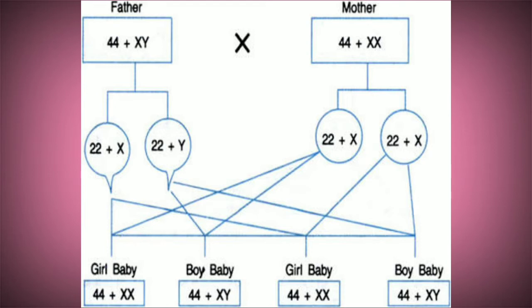So in the heterogametic nature, they produce two types of sperms. 50% of the sperms will bear the X chromosome as the sex chromosome, and 50% will bear the Y chromosome as the sex chromosome.